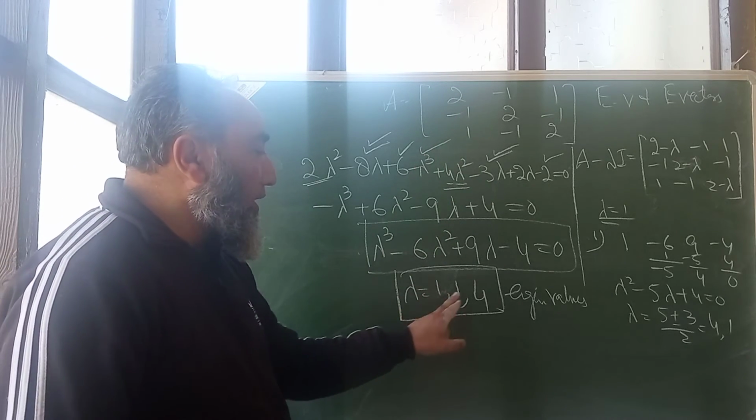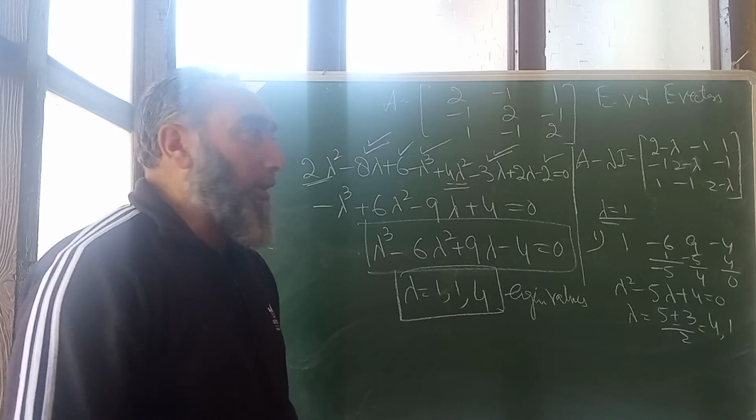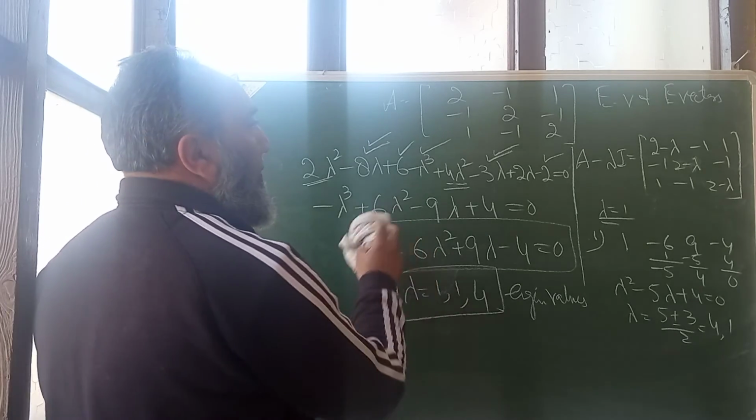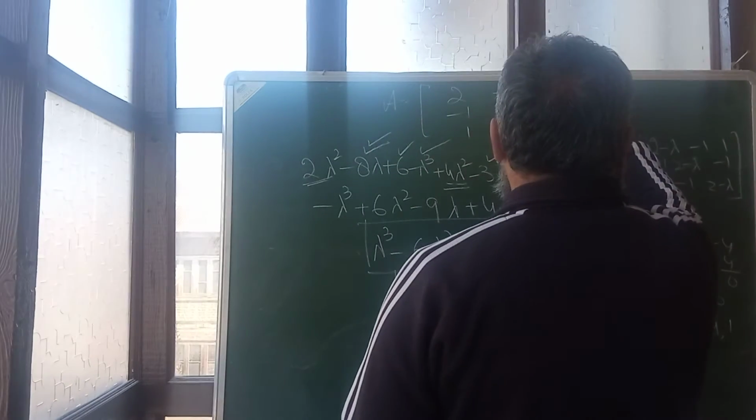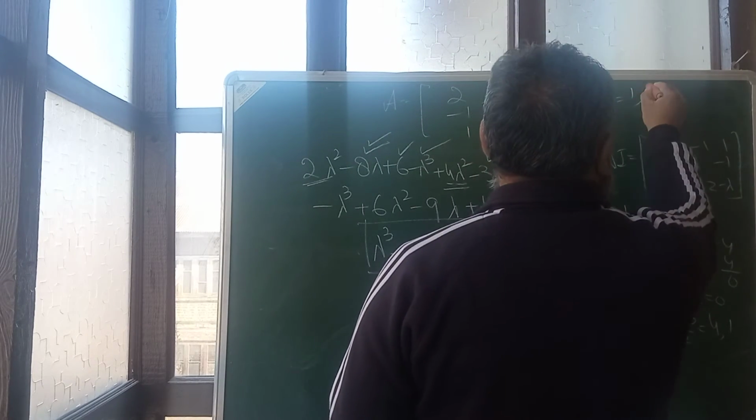Now corresponding to each eigenvalue, I have to find the eigenvector. So let me write down over here. This is the matrix. The lambdas are 1, 1 and 4.